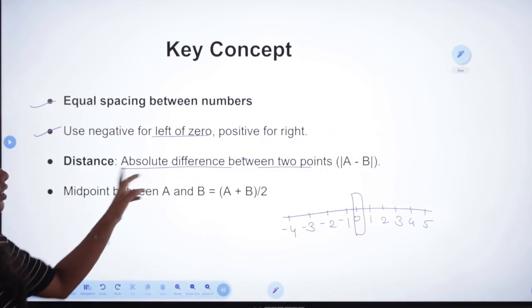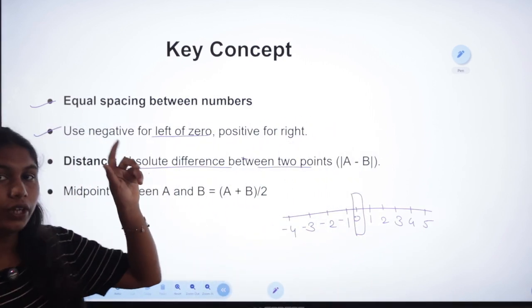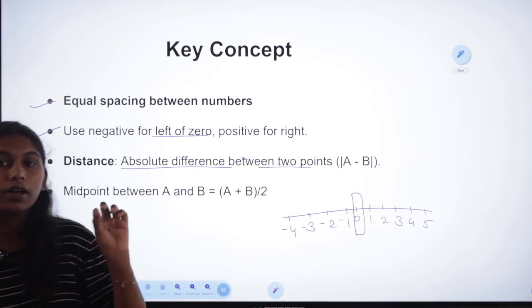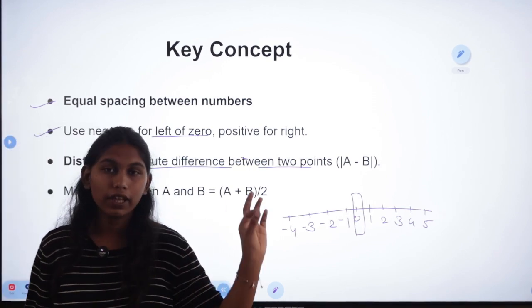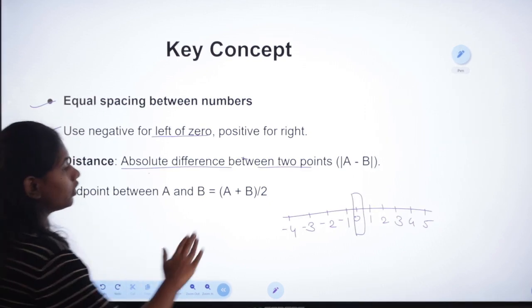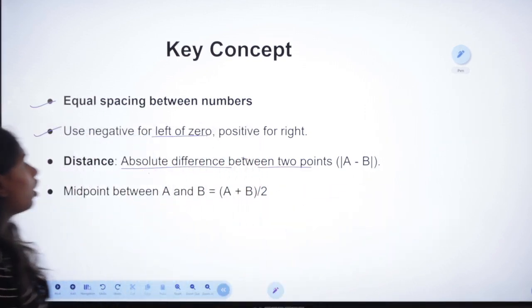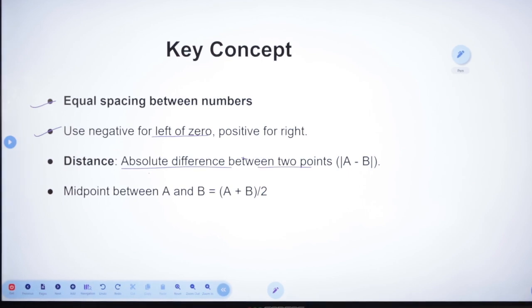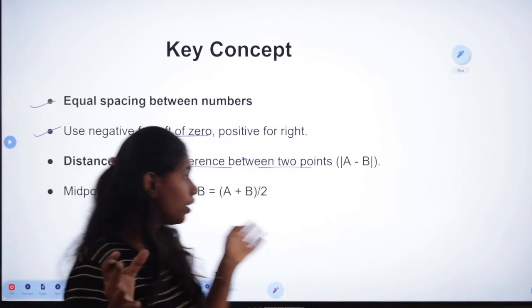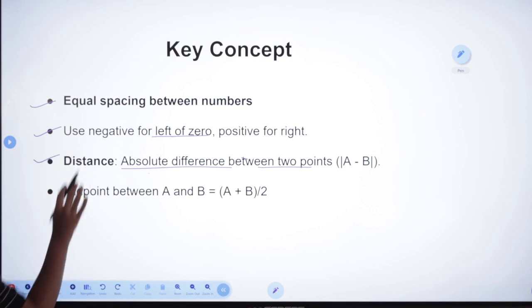If the value is negative or positive, you have to take the absolute value. Means if the value is minus, you have to write it as positive only. Okay. Now, why do we have to write it so? Because the distance can never be in minus. So you have to take the absolute value of it.